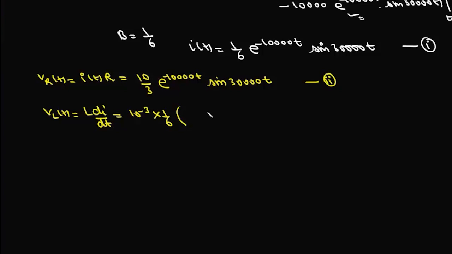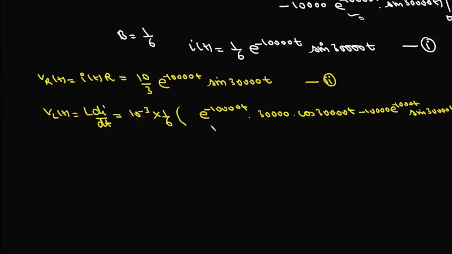If we differentiate this, we'll get e to the power minus 10,000 t, and this is 30,000 cos 30,000 t, and then minus 10,000 e to the power minus 10,000 t sine 30,000 t.